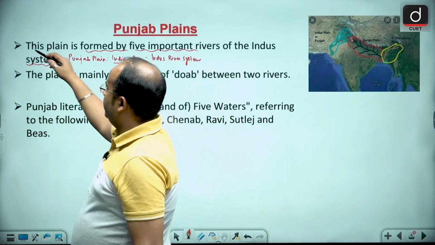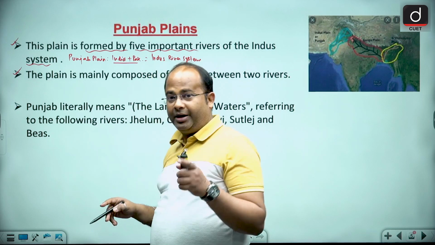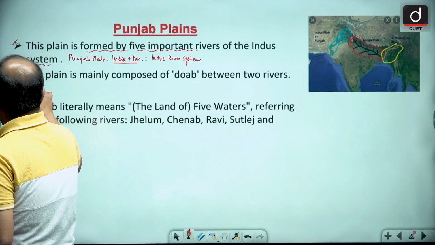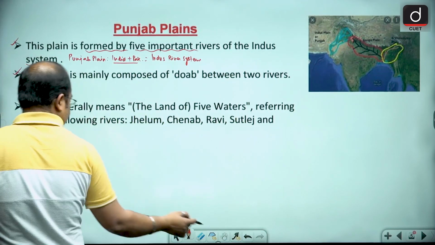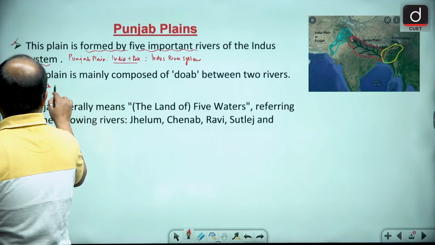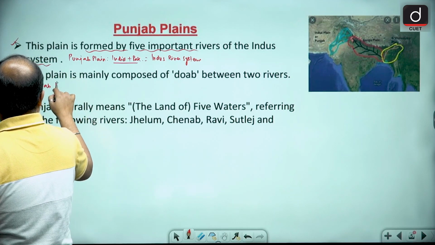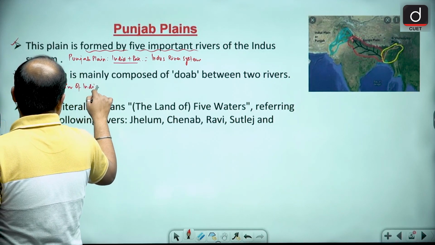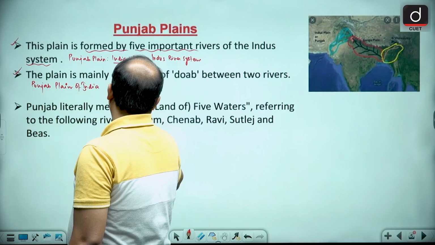Now guys, if I talk about the Punjab plain of India, this is mainly composed of Doab.